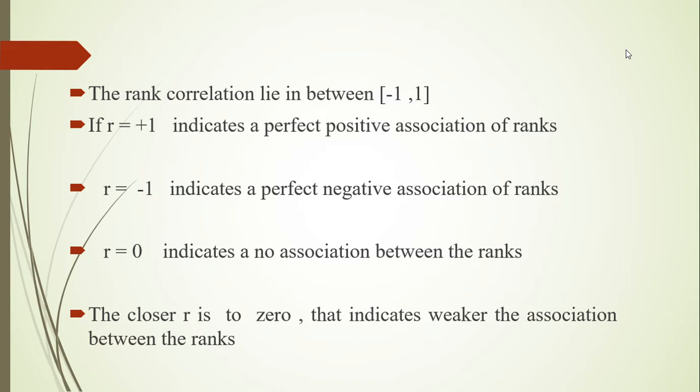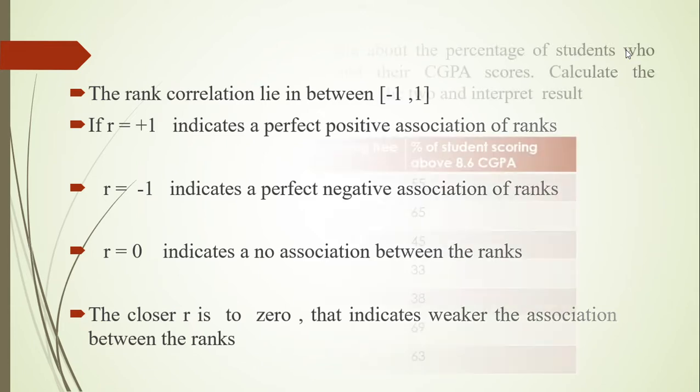If we get r as negative 1, that indicates a perfect negative association of the rank. And for 0, that indicates no association between the ranks. And for r closer to 0, that indicates a weaker association between the ranks. So these are some conclusions for the values of r.